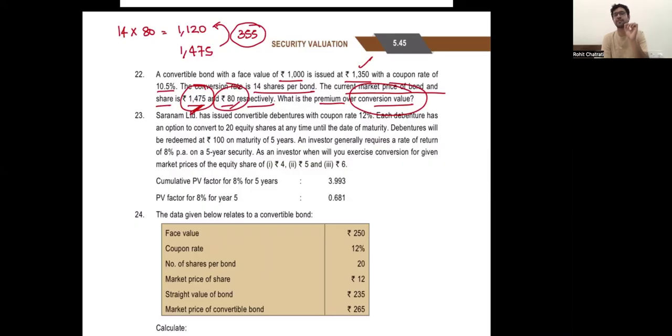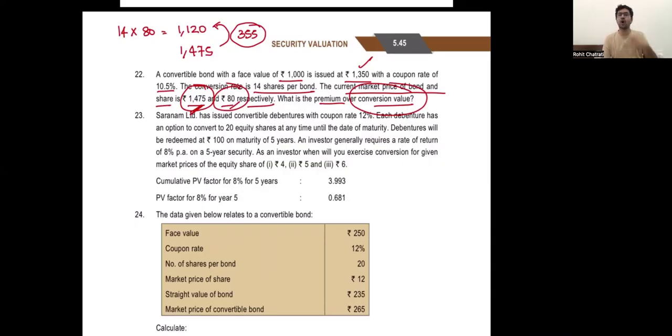I know that I might be repeating myself, but for the sake of clarity, option one, you go to the market to buy 14 equity shares and you pay 1120. At the end of the day, under option one, you have 14 shares with a cost of 1120. Option number two is you go to the market, you purchase one convertible bond and you pay 1475.